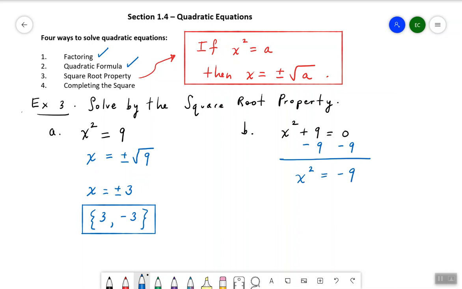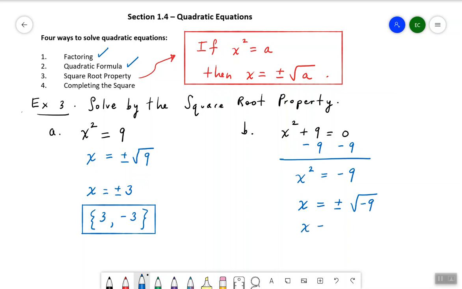And then I bet you can see where this is going. So now we have the form of the square root property, and we can go ahead and apply that property and say that x must be equal to the square root of negative 9 with a plus or minus in front of it.